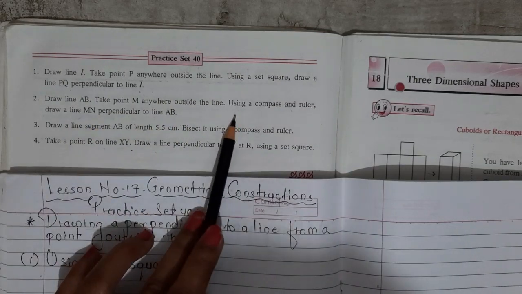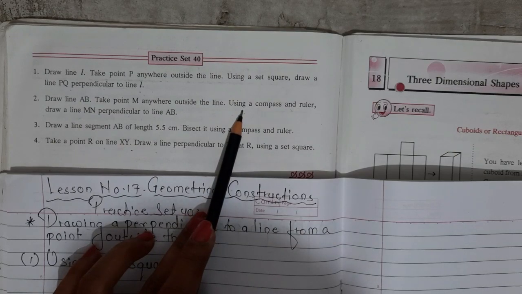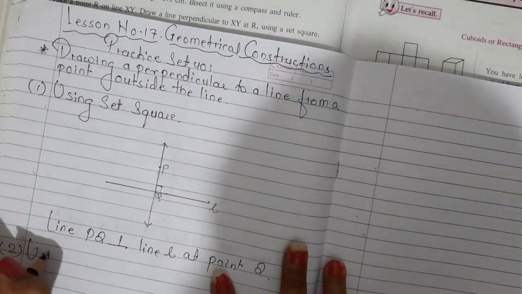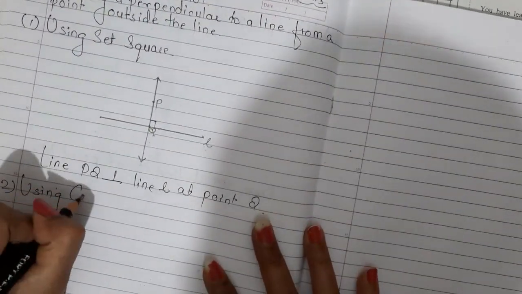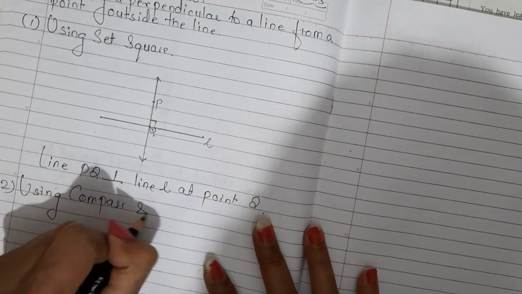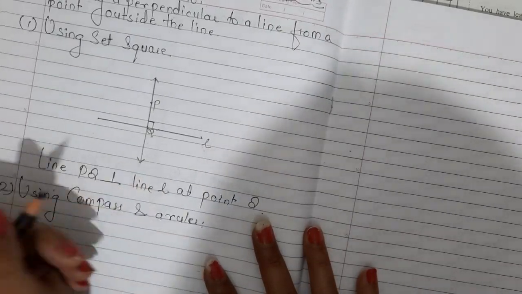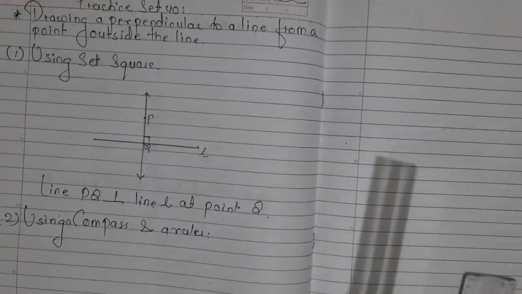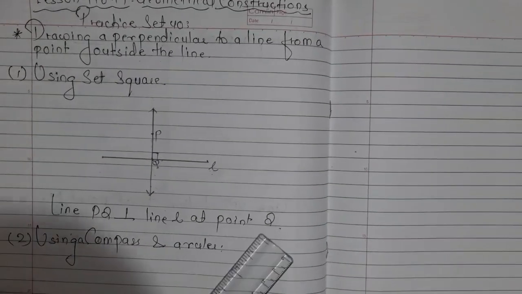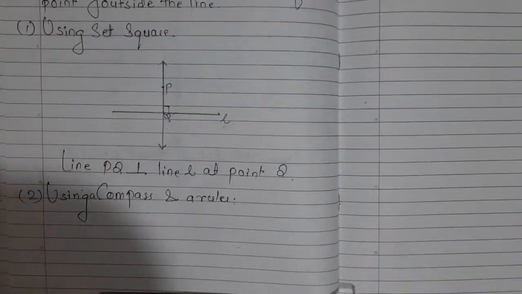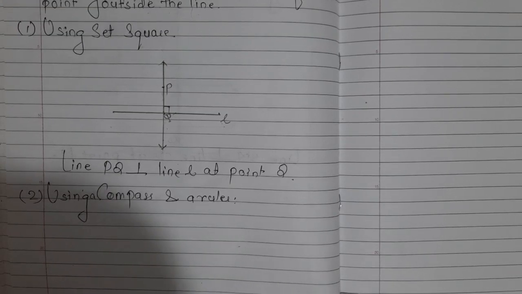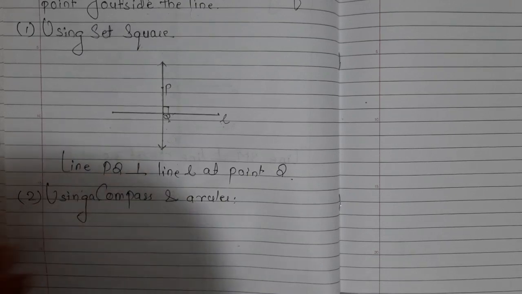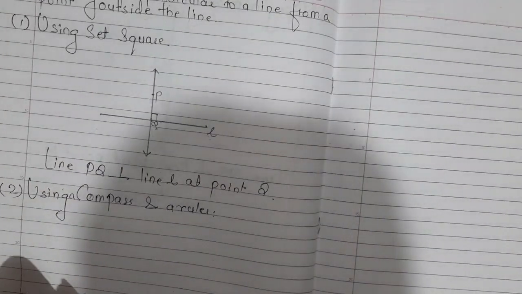Now here in this question they have asked you to draw a perpendicular line using compass and ruler. So first of all I will draw one line, and I will name it as line AB.